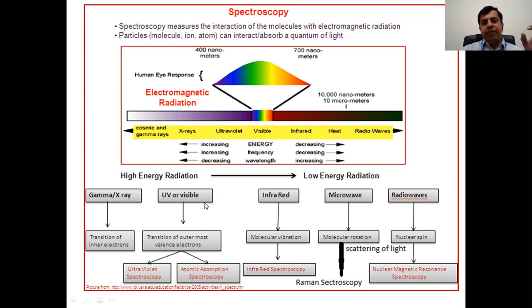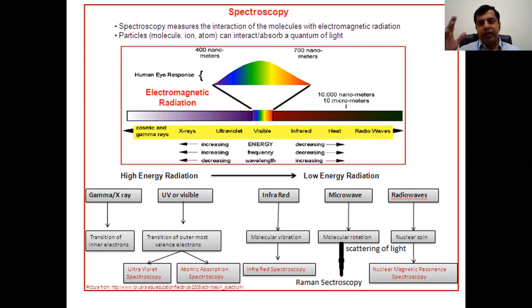Now, if there is the movement or transition of the outermost electrons, that means electrons present in the valence shells, this is the basis of the spectroscopy called UV visible spectroscopy. UV visible spectroscopy is due to the transition of the electron from the outermost shell.